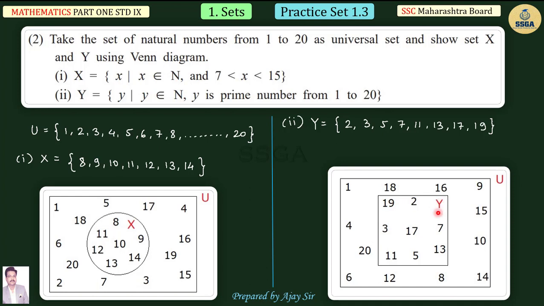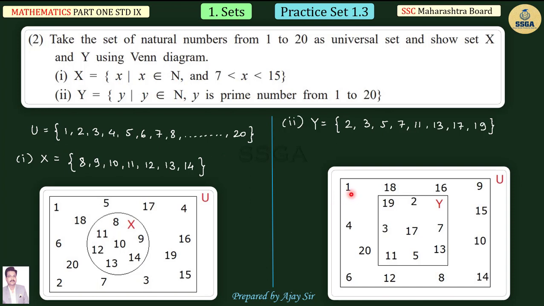Suppose this is set Y, which has the elements 2, 3, 5, 7, 11, 13, 17, 19. So this is set Y, and the remaining elements from set U, those elements we will write.